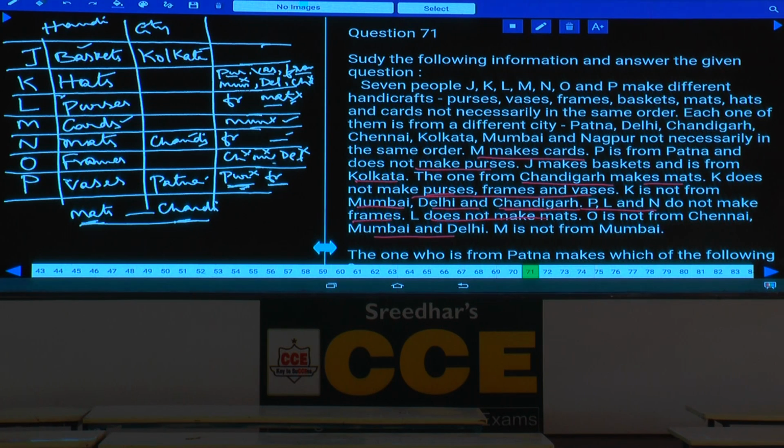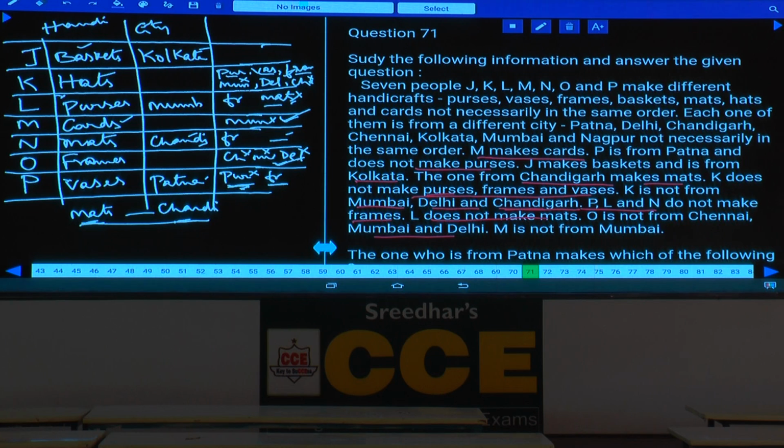This person cannot be Mumbai, L cannot be Mumbai, M cannot be Mumbai, and O cannot be Mumbai. At the same time K cannot be Mumbai. Then who will be from Mumbai? L must be from Mumbai. L is Mumbai, finalized. Then we need to find out the remaining, Chennai.